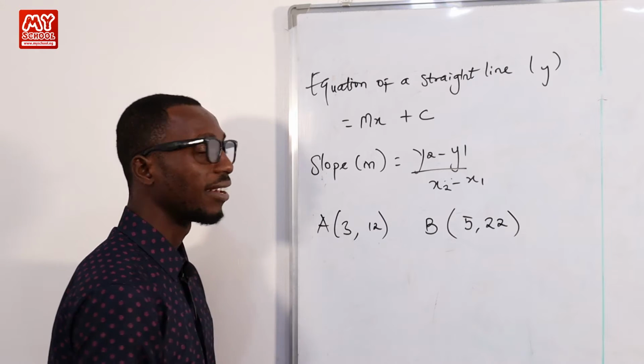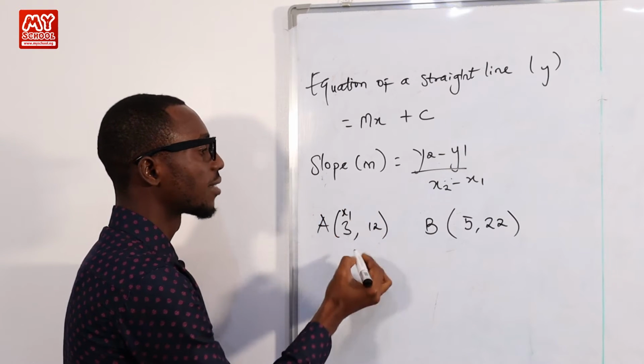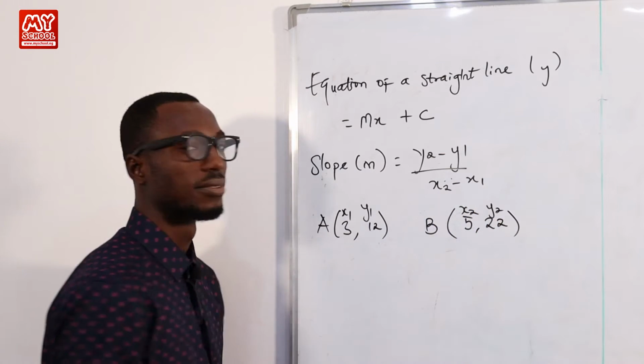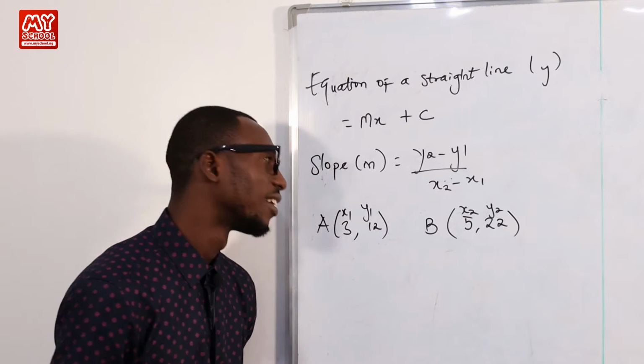So we identify this as x1, y1, x2, y2. We just slot in the values, then we get our slope.